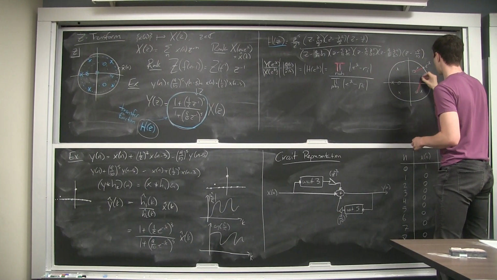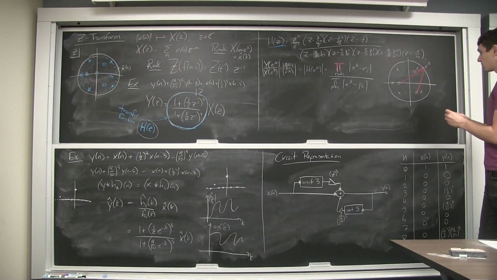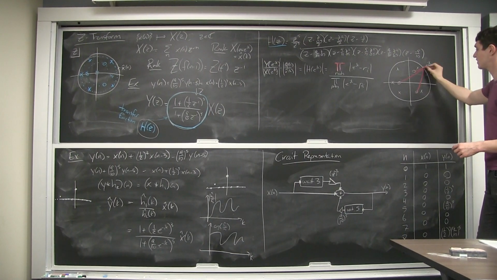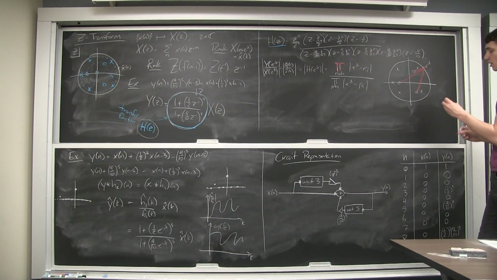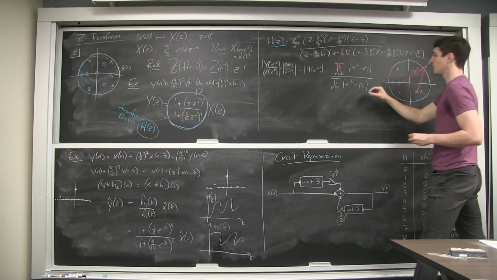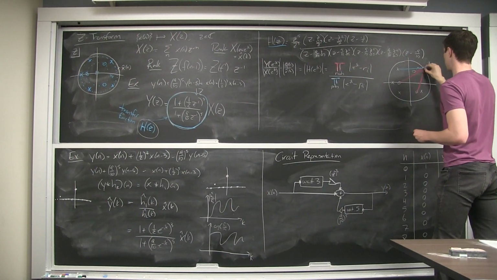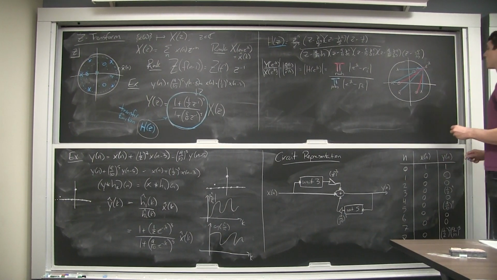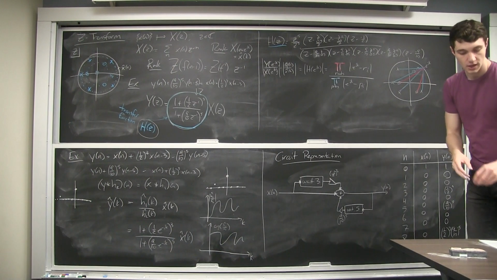This gives me my numerator, these distances, and of course the reason that the zeros now cancel out is because this is distance 1 no matter where you are on the circle to the center of the circle. And we divide by the product of the distances to the poles. So these distances. Okay, and that gives us the magnitude of our Fourier transform, which is a nice geometric interpretation.